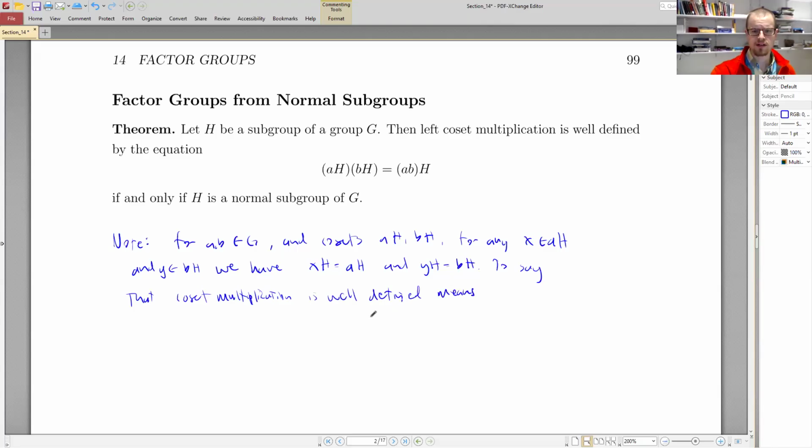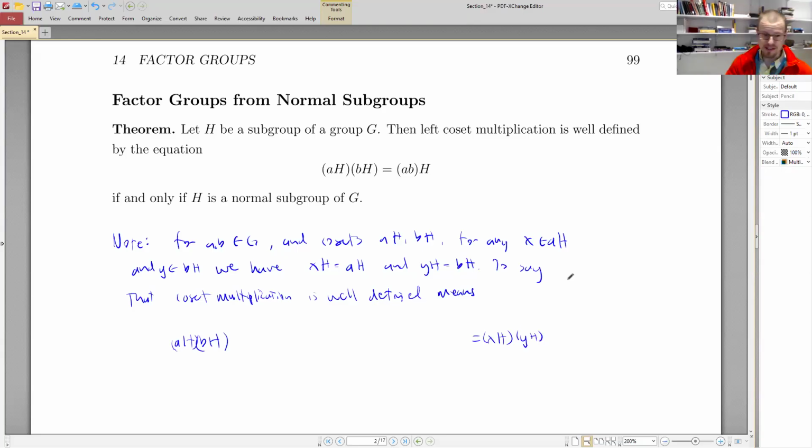It means, if I take aH times bH, throw some parentheses around there, that might look a little bit better, eventually I want to say that this is exactly equal to xH times yH.